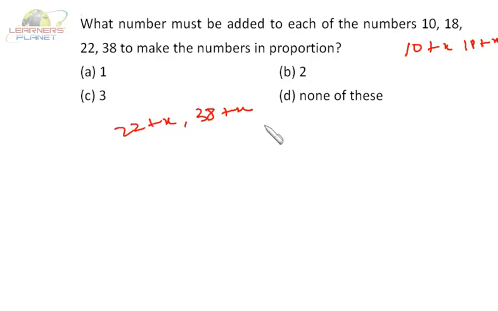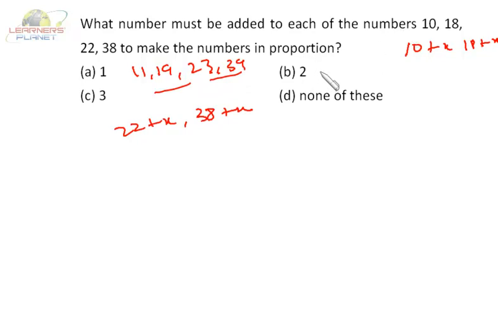Okay, now let's do the problem by backward approach or by elimination of options. Suppose I choose option A, that is 1. So it will be 11, 19, 23 and 39. No ratio is being maintained over here.